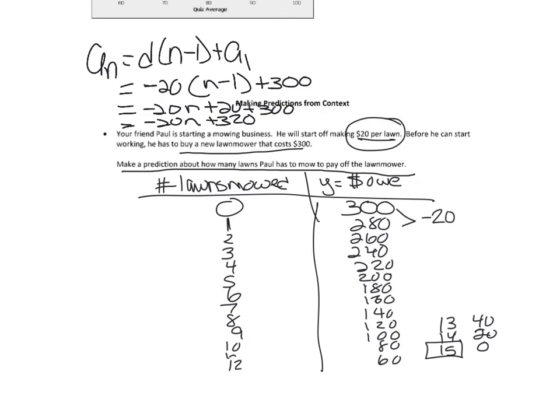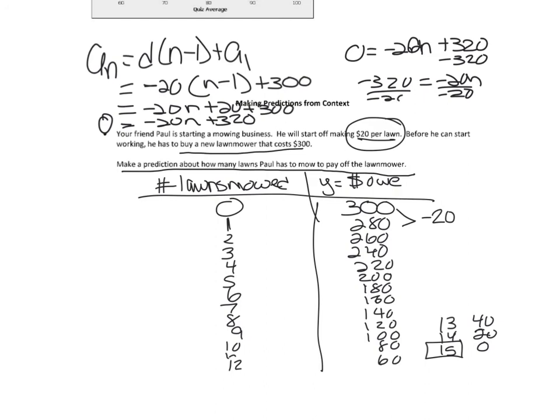All right, so we want when it's 0. So 0 equals negative 20n plus 320. So you could subtract that. Negative 320 equals negative 20n. Divide by negative 20.